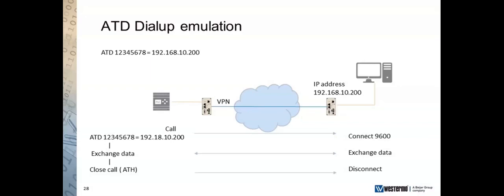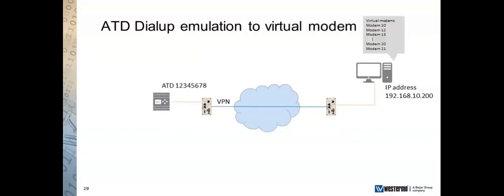It all takes just a few milliseconds to open the socket and then start exchanging data. You still have the serial time delays going through the system, but the initial setup of the connection is much quicker. So that's one way of emulating an ATD dial-up.